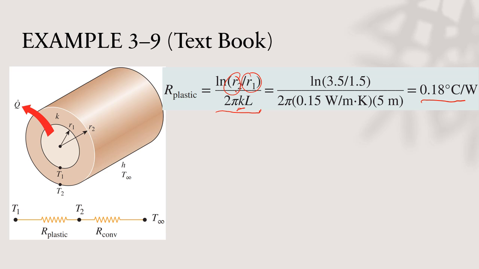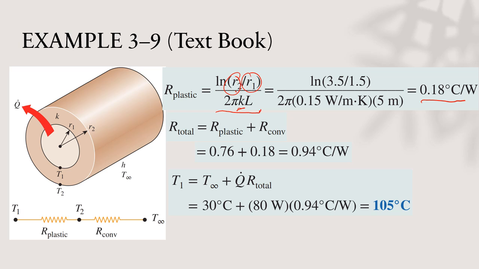So we add R plastic and R convection to get R total, which equals 0.94 degrees C per watt. We have all the information we need to solve this equation. Just plug in all the values and we will get T1 equal 105 degrees Celsius. So T1 is the interface temperature.